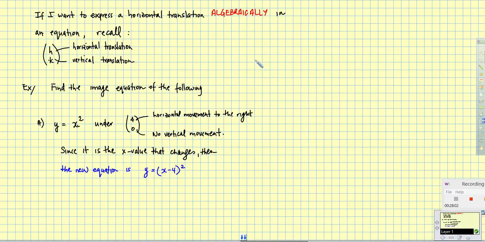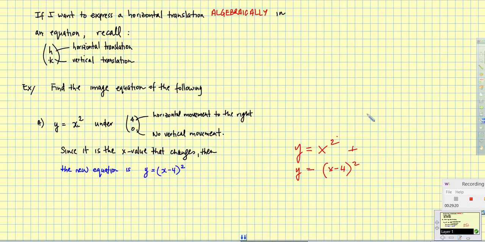The 0 tells us that we're moving our graph in no way vertically. And since it's the x value that's going to change, wherever I have an x in my equation, y equals x squared, I replace it with x minus 4. It's in the opposite direction. So that stays inside the function. You see that it's not outside.